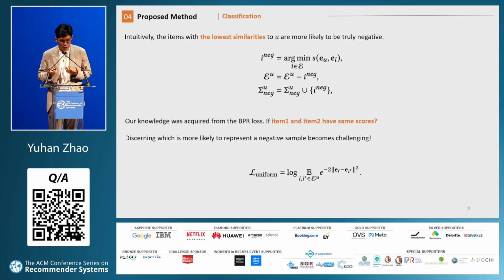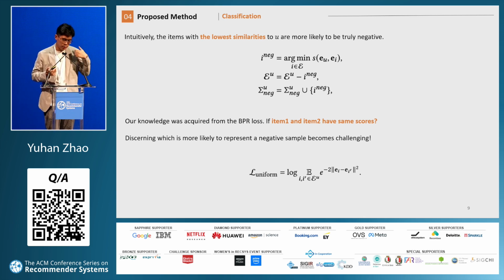Then we talk about our classification. Intuitively, the items with the lowest similarity to a user are more likely to be truly negative. So we use this equation to select the negative items. The remaining unlabeled data, we think they are the neutral class. And there is an interesting problem. Our knowledge comes from BPR loss.